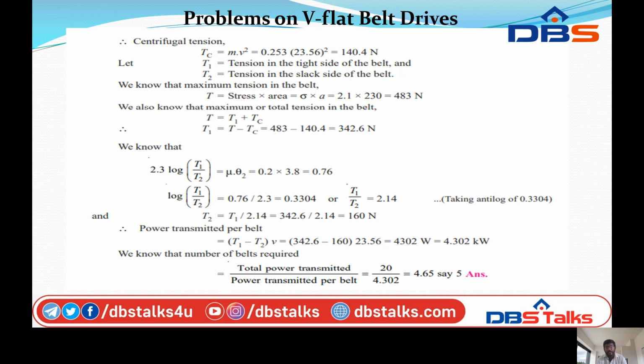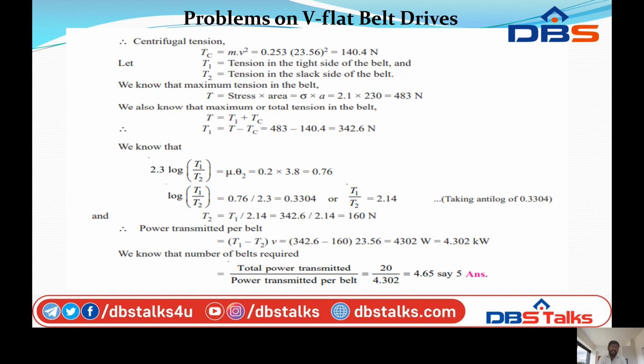Taking the antilog on both sides, T1 by T2 is equal to 2.14. So we can calculate T2 by substituting the T1 value in the above equation. T2 is equal to T1 by 2.14, that is 342.6 by 2.14. Finally the T2 value is 160 Newton.